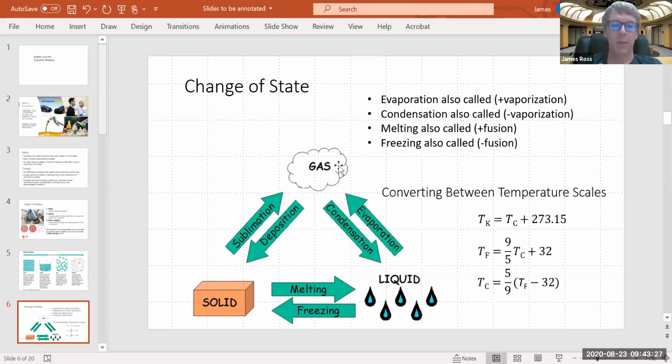The reason why I point them out here is to look at significant figures. So you'll often be asked to convert from one unit to another, or you might have to convert a unit because you're given a temperature in the wrong scale. So almost all the time in science, whenever you do a calculation involving temperature, always use the Kelvin temperature. So whenever you have to add a temperature value into a calculation, make sure it's in Kelvin.